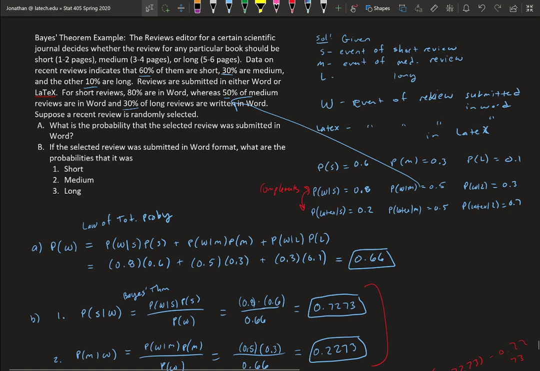And the same thing for medium and long. We would have to know what percentage are exactly 3 pages, and then we would have the intersection of medium and long, and then we could work the problem because we'd have those intersections. That would make it a lot more complicated, so I don't think you're going to have to worry about that too much. But if it comes up, we'll think through it. We would definitely need those intersections, or some way to get them at least.